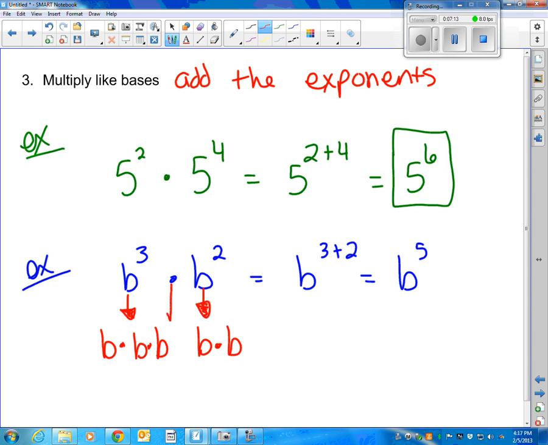And I'm multiplying those together. So ultimately, I have 1, 2, 3, 4, 5, which is b to the 5th. Okay, the rule of exponents, for multiplying exponents, it just helps to shorten the problem up a little.